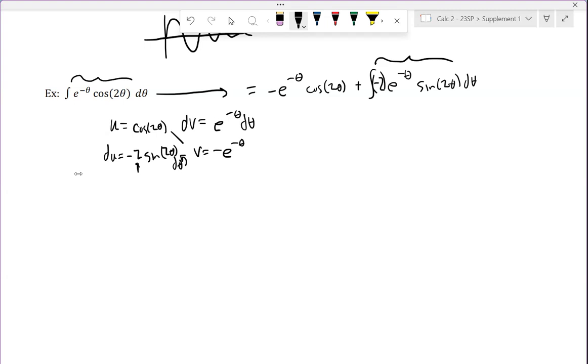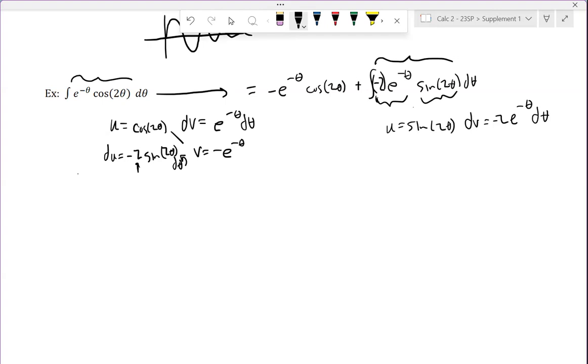So what do I want to pick to be u here? What do I want to differentiate? Let's differentiate this guy. Let's integrate this guy. So dv is negative 2 e to the minus theta d theta. And then u is going to be sine 2 theta.